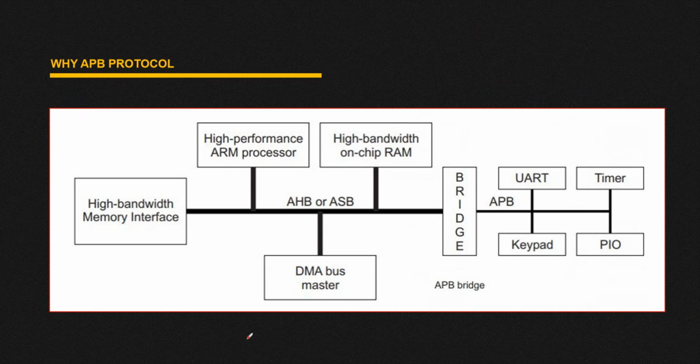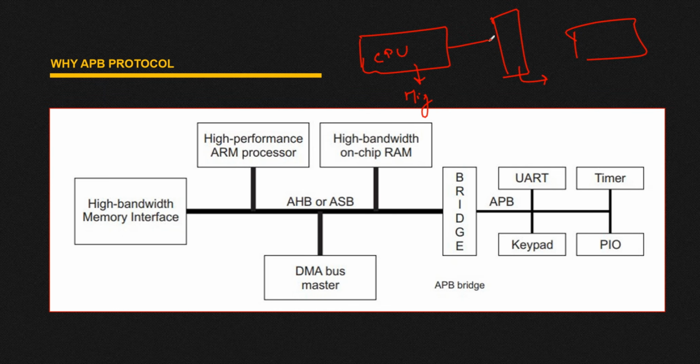Now see, this is the detailed diagram of how your APB protocol communicates with your peripherals. Suppose here you have some CPU. We know that the CPU sends data at a higher rate. So suppose your CPU is sending data to a peripheral at a higher rate, and in between the peripheral and your master we have attached one bridge. The responsibility of this bridge is to slow down the frequency of your master.